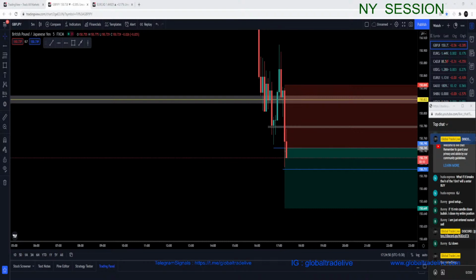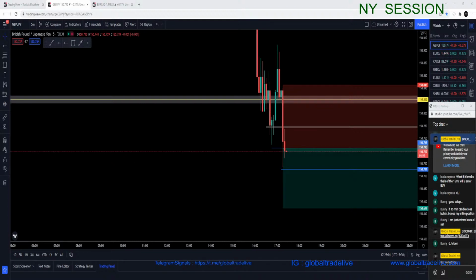Last 10 seconds. Oh, candle just closed under the previous candle.